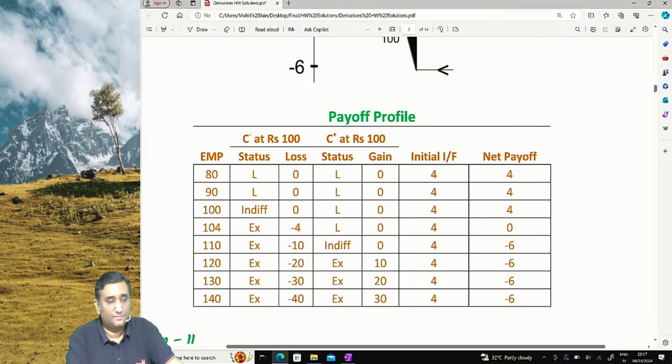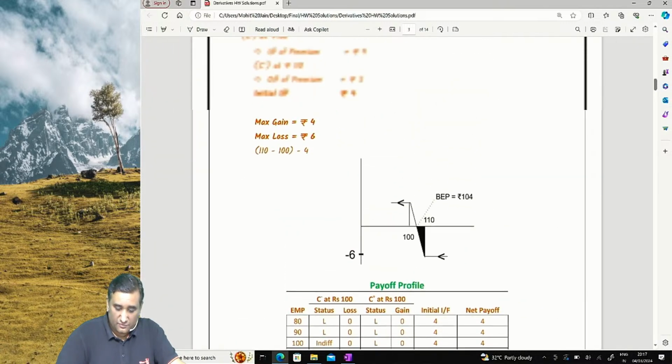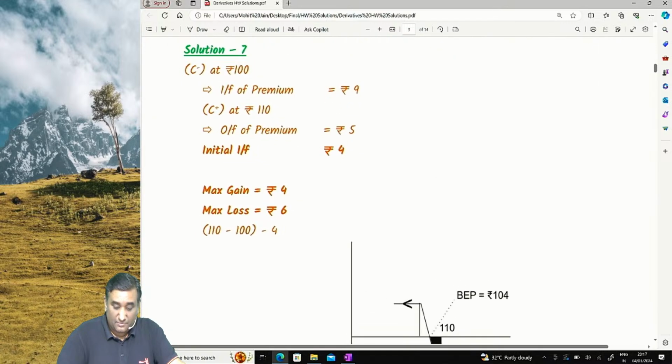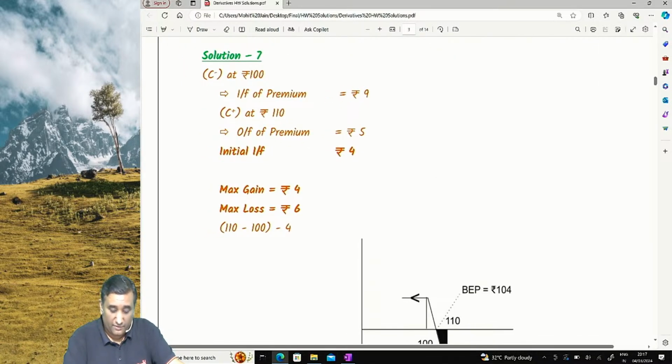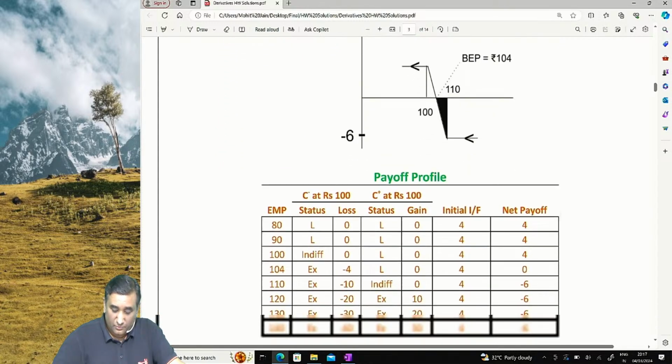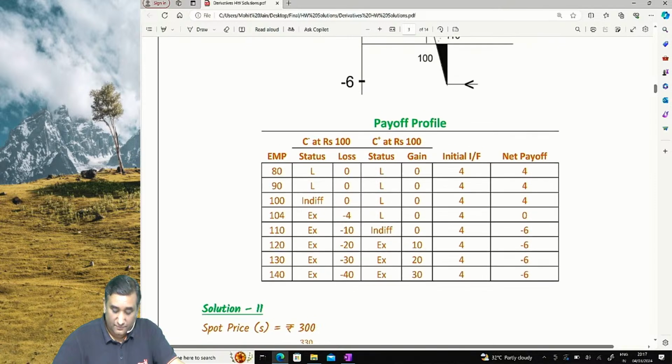If you have not taken it, fine. Check your answer, please. It was basically C minus at 100, inflow premium 9, C plus at 110, outflow premium 5, initial inflow, maximum gain, maximum loss, break-even point, payoff profile.